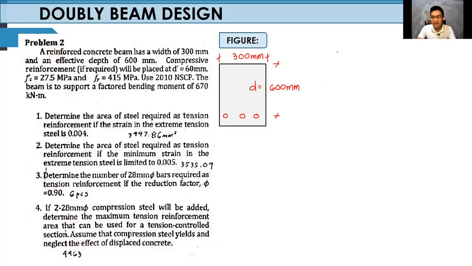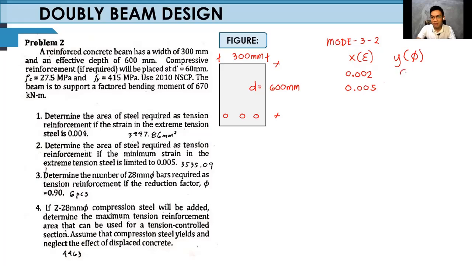So therefore, sa ating calculator, pwede natin gamitin yung mode 3 2. Yung Casio. Assuming na pwede pa yung calculator class, pero kung hindi na yun pwede, so therefore, you will be manually using your calculator in interpolation. Okay? So, let us assume na yung x, yan yung epsilon natin, while our y is our phi. Take note na nasa range ng 0.002 to 0.005 yung ating epsilon, yung strain, di ba?